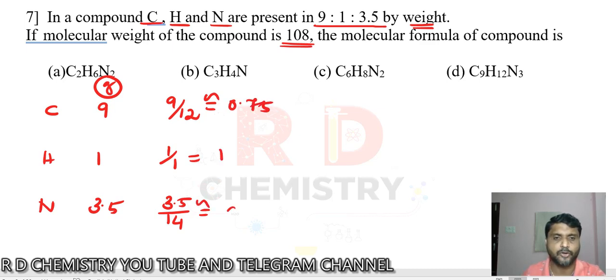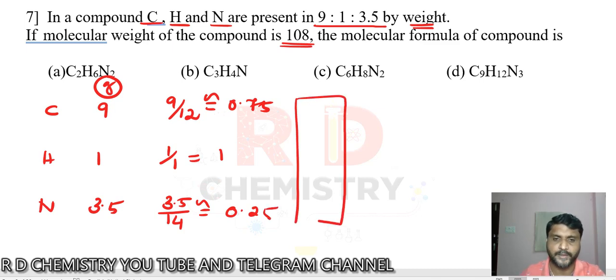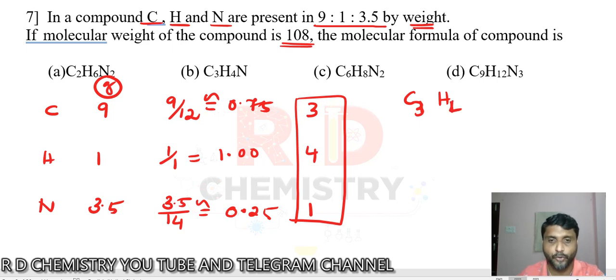Now take the simple whole number ratio, correct? This is 0.25, 1.00, 0.75. Convert into percentage type: 75, 100, 25. So it is a 3 to 4 to 1 ratio. Clear? So we get C3, H4 and N1, correct?